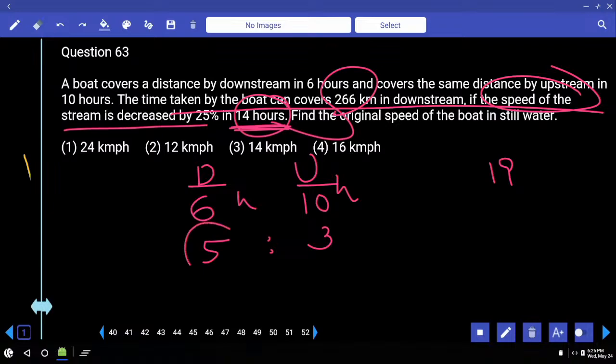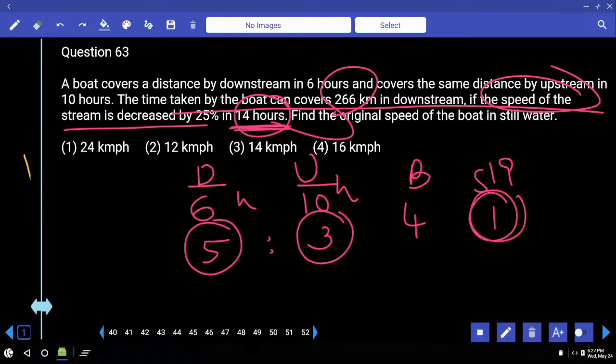So if the downstream speed is 5 and upstream speed is 3, what may be the individual parts of the speed of the boat and stream? 4 and 1. This is boat, this is stream. If the speed of stream is decreased by 25%, it becomes 0.75.